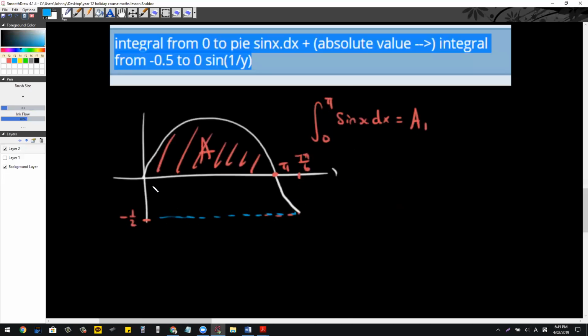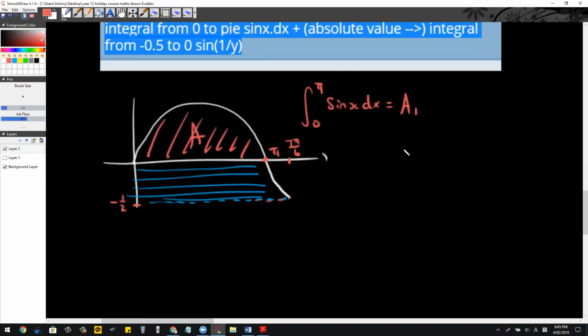To find this area, we're going to integrate along the y-axis. We have y equals sine of x, so to get this curve and integrate along the y-axis, we have to flip this equation.